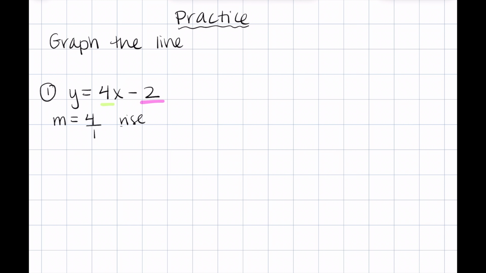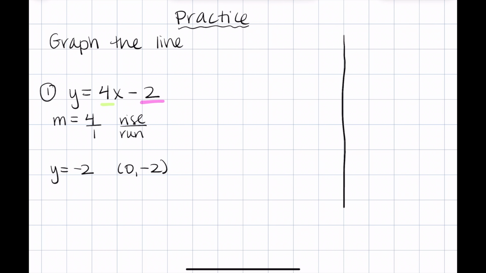We know that slope is rise over run, so even though 4 is a whole number, we're going to write it as a fraction, just so it'll be easier for us to graph. So that would be 4 over 1 is our rise over run. And then our y-intercept here is negative 2. So as a coordinate, your y-intercept is where x equals 0, so it would be 0, negative 2.